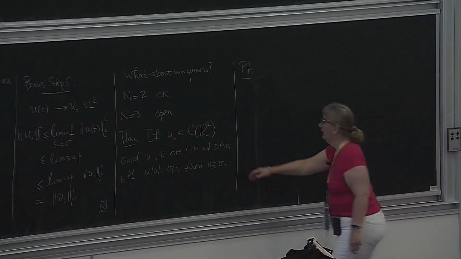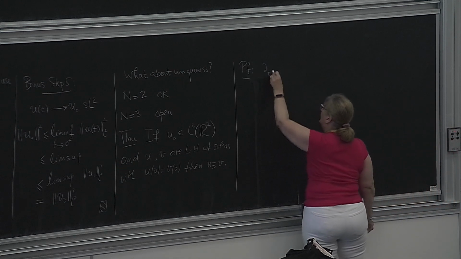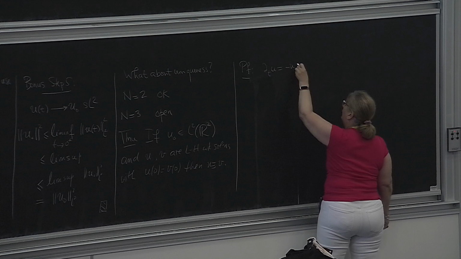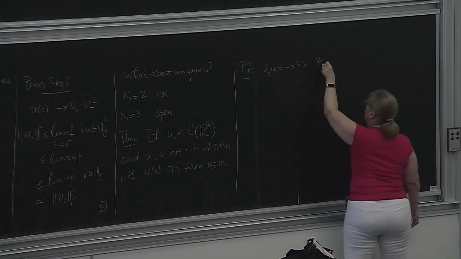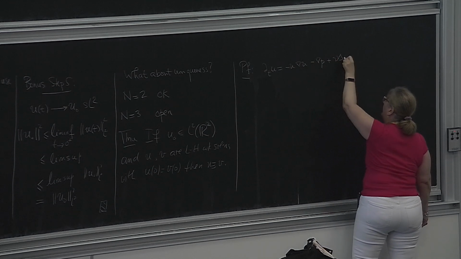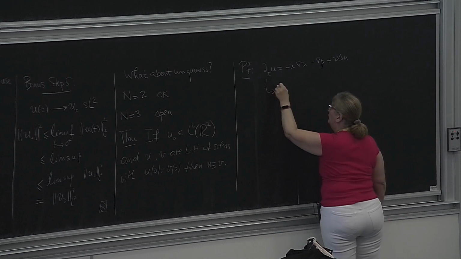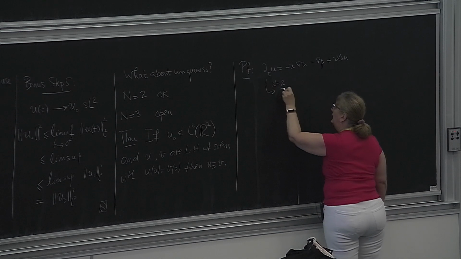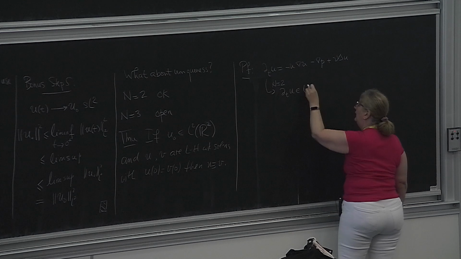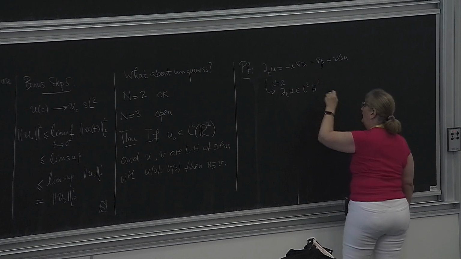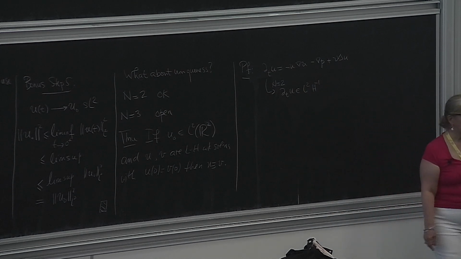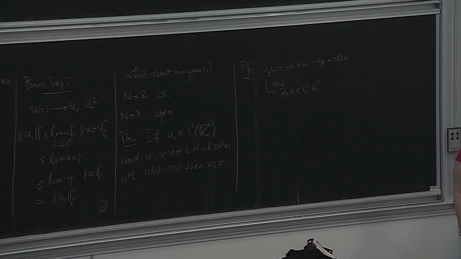So in 2D, we have dtU is minus U dot grad U minus gradient of pressure plus nu Laplacian U, and in 2D, dtU is in here, which means that I can test this against a function which is in L2 H1.